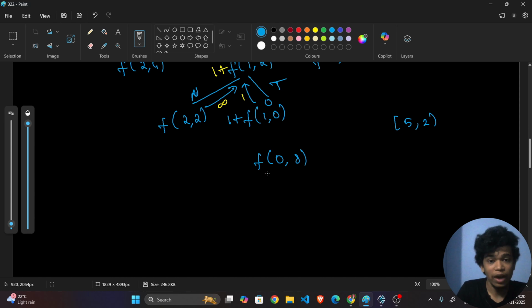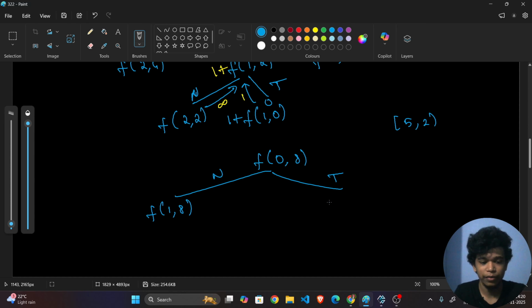Now where am I going at first? At first I will be going for not take and next I will be going for take. Not take means it will be 1,8. Similarly, if I am going for take, it will be 1 plus f of, so 5 is taken, right? So again I will be taking this 5 only. So 0,8 minus 5 is equal to 3. So this is what we have taken as of now, right?